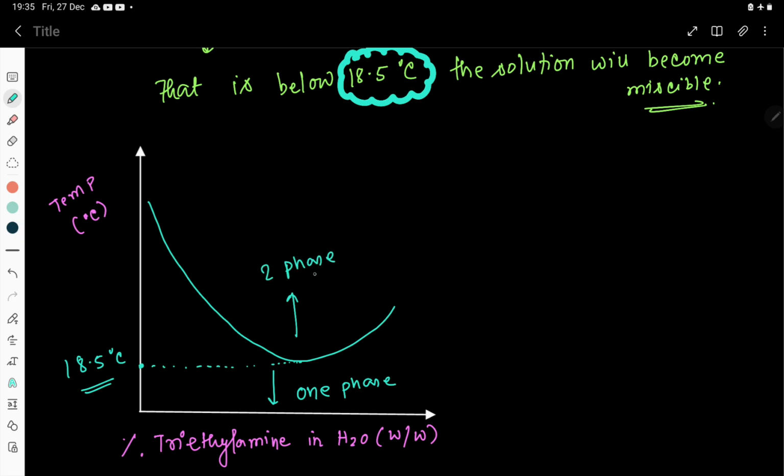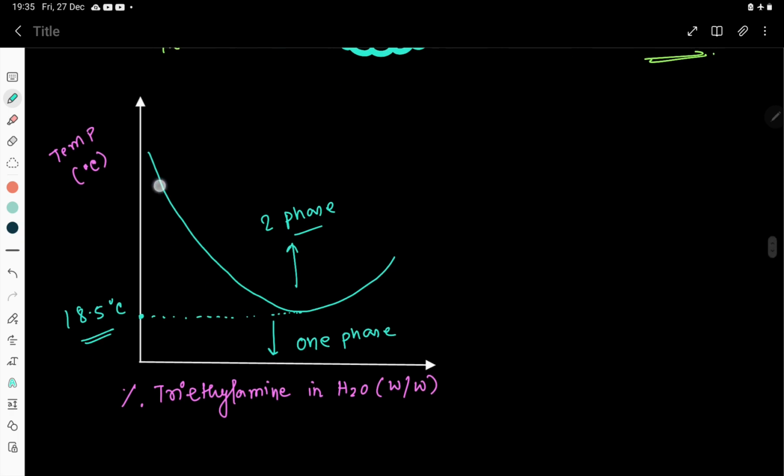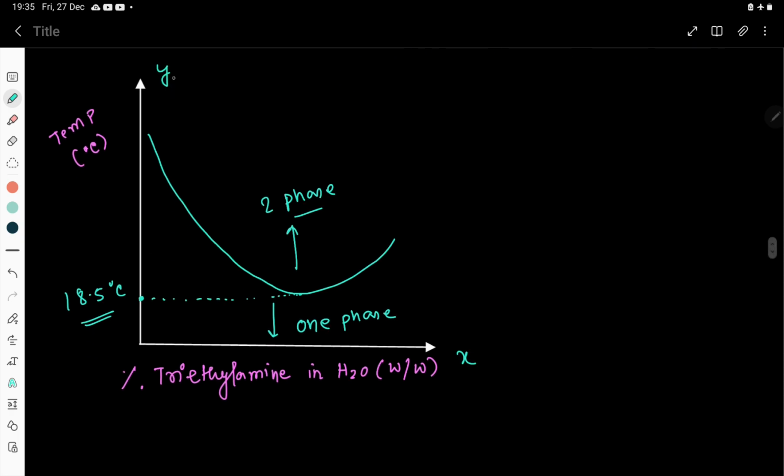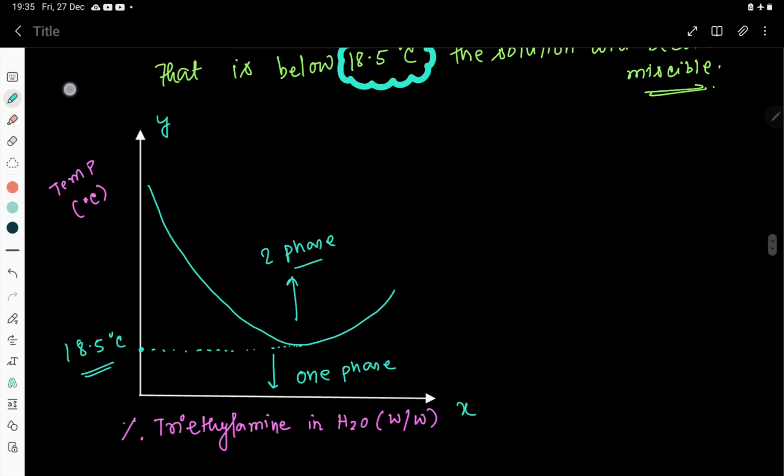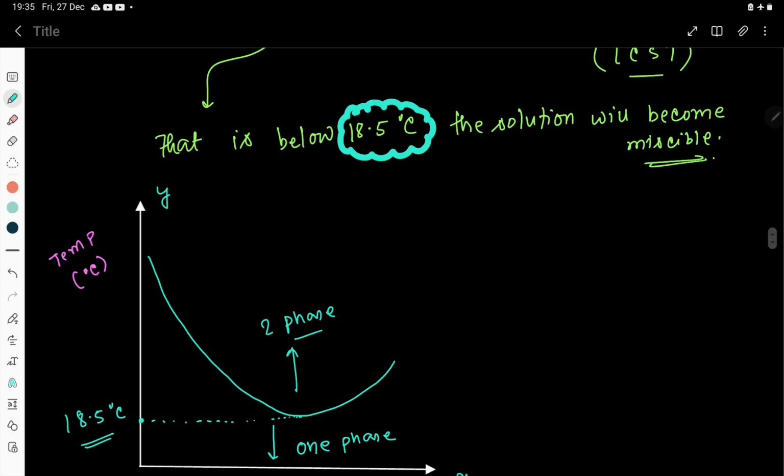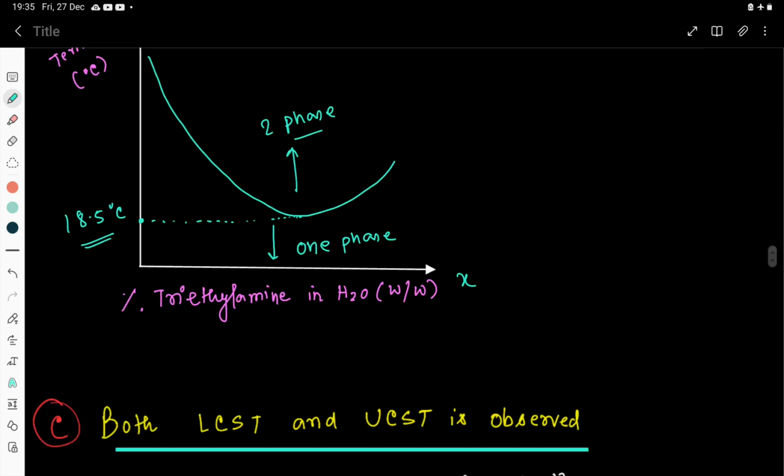Here also I've taken the y-axis as temperature in degree Celsius, and the x-axis as percentage triethylamine in water. So this is what lower critical solution temperature is.